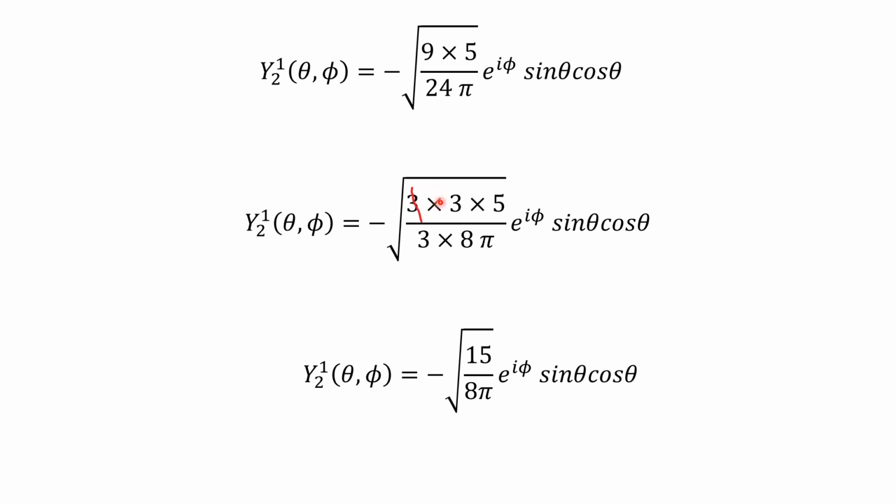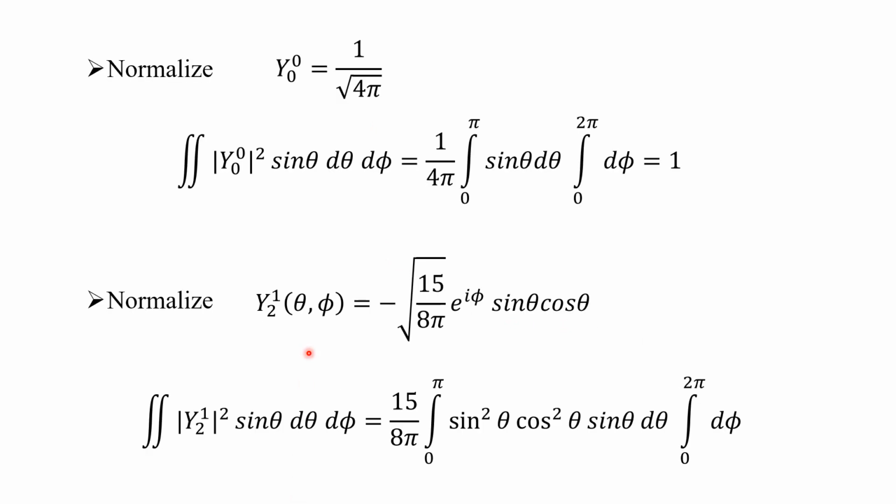Then the 3s will get cancelled. So in the numerator 3 times 5 you will get 15, and the denominator is 8 pi, and of course there is a negative sign, and e power i phi sin theta cos theta. This is the harmonic Y21.